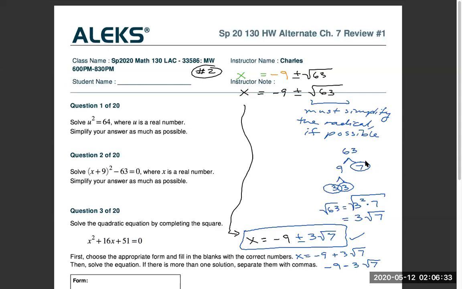When you prime factor 63, you get 2 3s and 1 7. Remember, a square root undoes a square. So since we have a square root 3 squared here, 1 3 comes out. Where do you put it? On the outside. Yes. And then you still have a radical 7 left over. Got it. Okay.